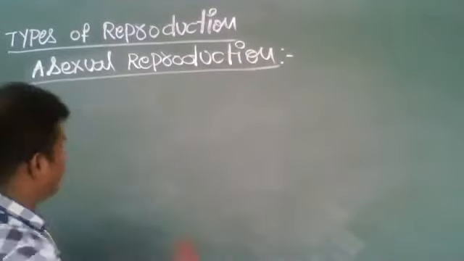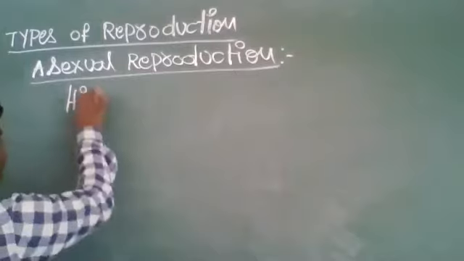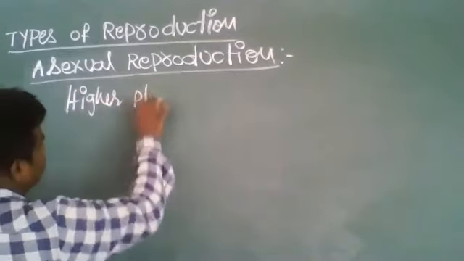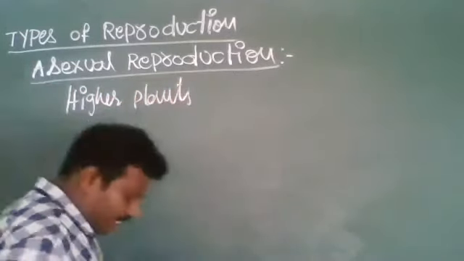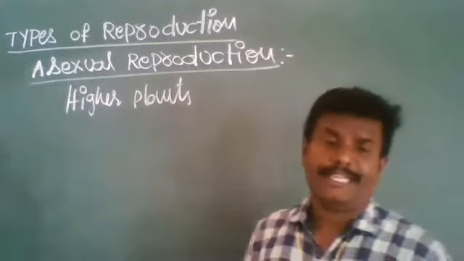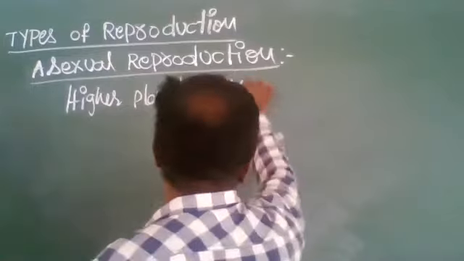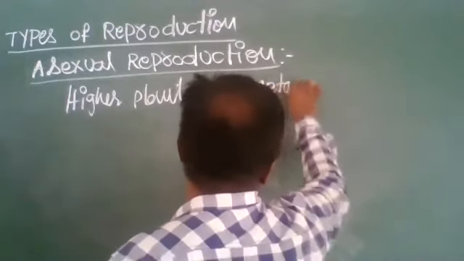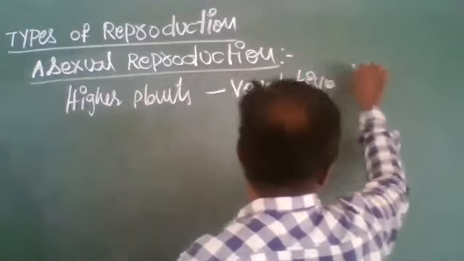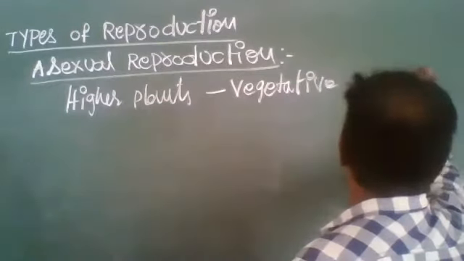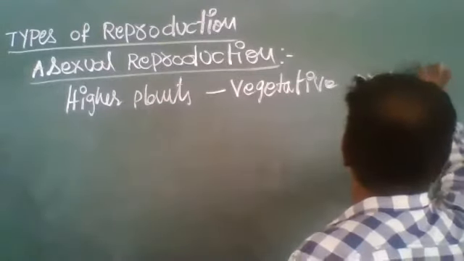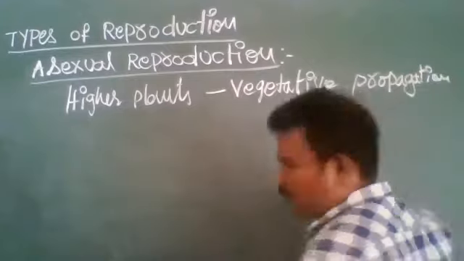A number of higher plants show a type of asexual reproduction that is called vegetative propagation, or vegetative reproduction.